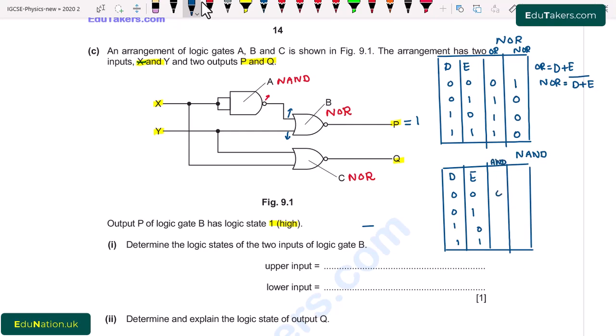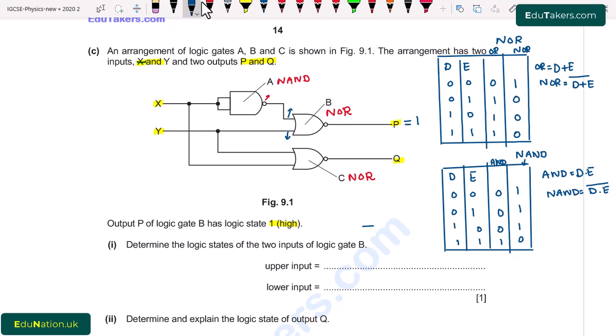I apply it, it is 0 0 0 1, while NAND will be equal to 1 1 1 0. So it means that AND is equal to D and E, while NAND is equal to D and E, and then I apply NOT over it. These are the truth tables.